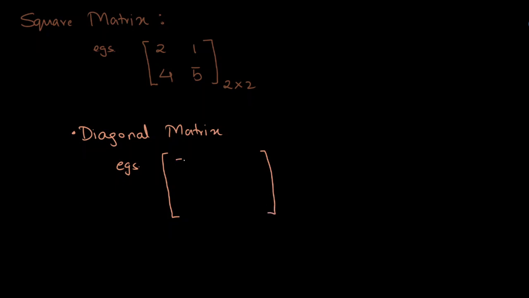So suppose I have something like this, 3, 0, 0, 0, 8, 0 and 0, 0, 7. This is a 3 by 3 matrix, and all of the leading diagonal elements, meaning the diagonal which starts from the top left corner to the bottom right corner, are non-zero, whereas all the other non-diagonal elements are 0.